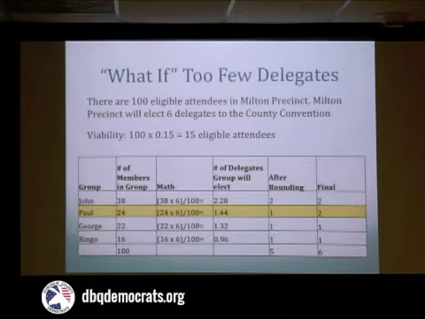It's important to note here, the whole number, the thing before the decimal does not matter. It is only the fraction. So Paul had 1.44. That was closest to rounding up but didn't round up. And so therefore, Paul will get the additional delegate, meaning that the final breakdown is 2, 2, 1, 1. Is there any questions on that?